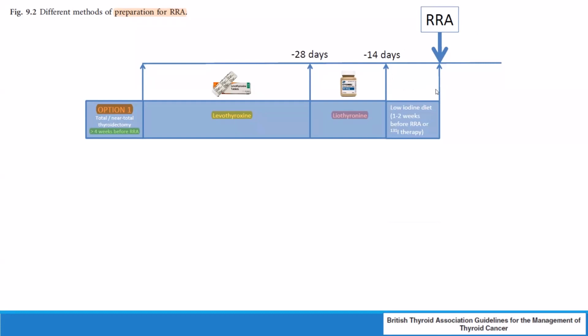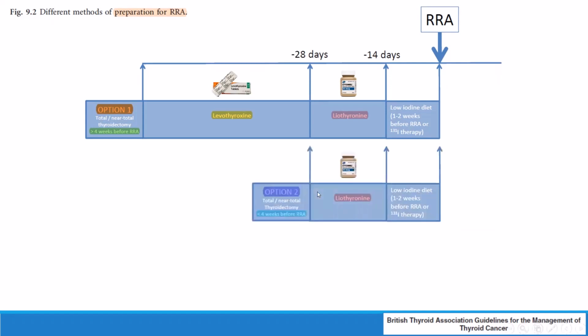And in the 2 weeks before remnant ablation, we should put our patient on a low iodine diet, and the patient will receive radioiodine remnant ablation after stopping Cytomel by 2 weeks.